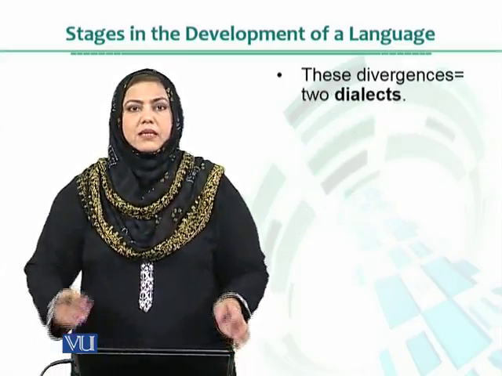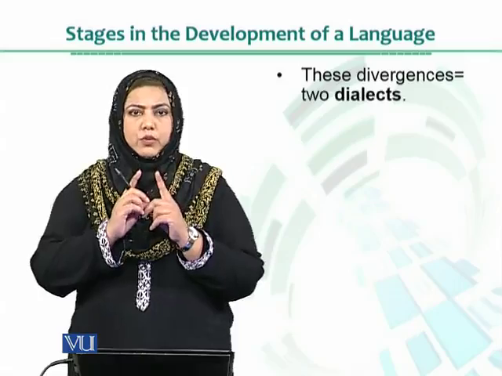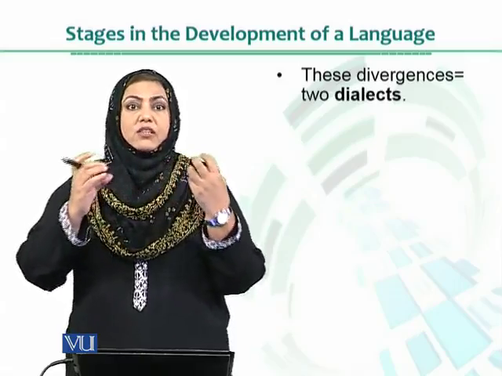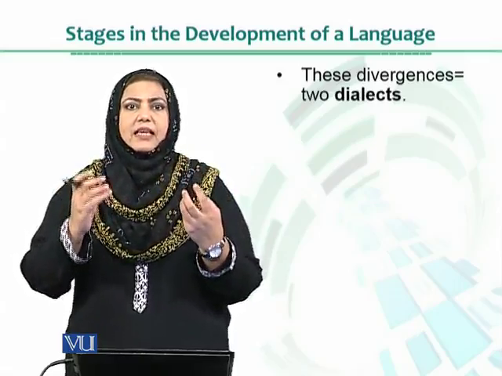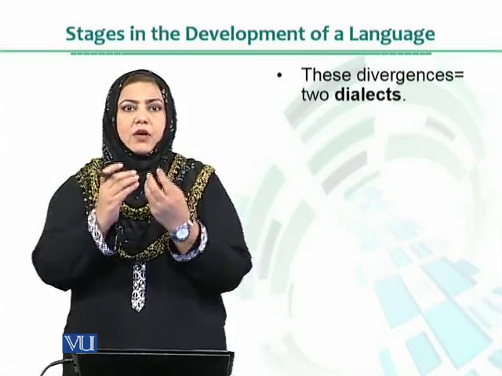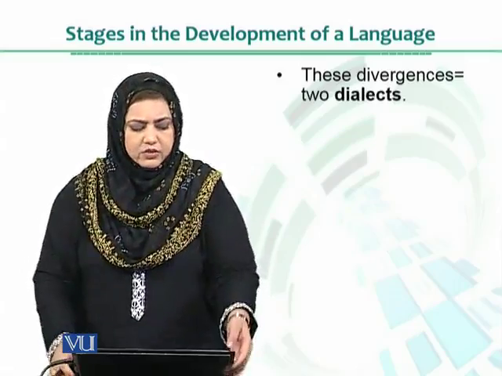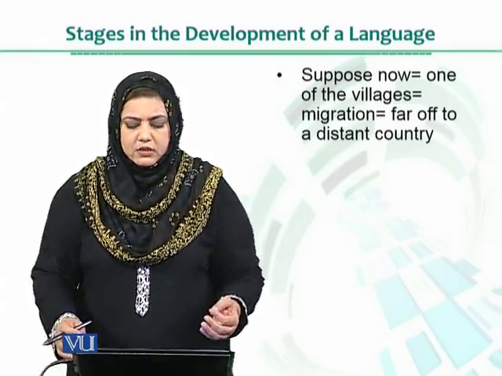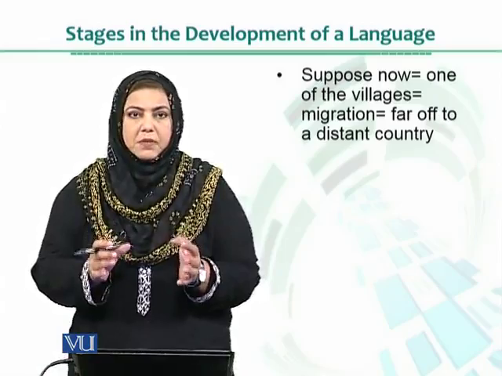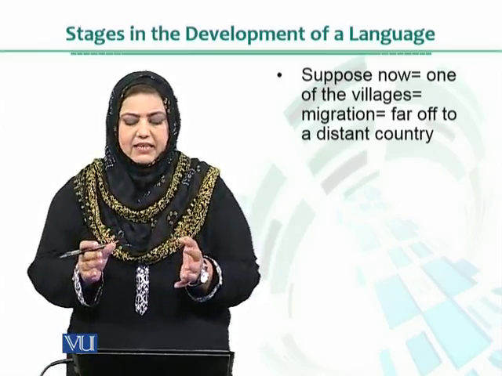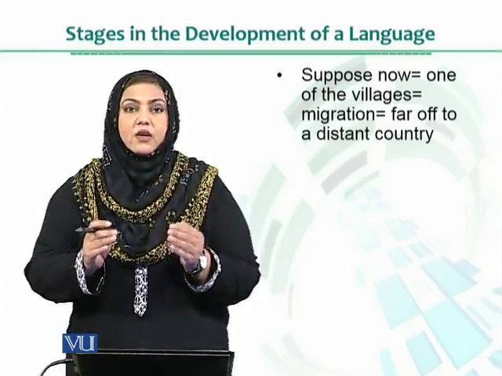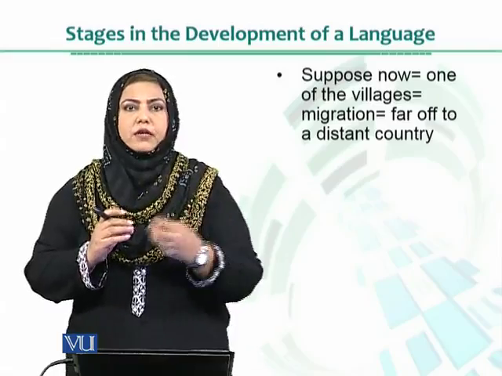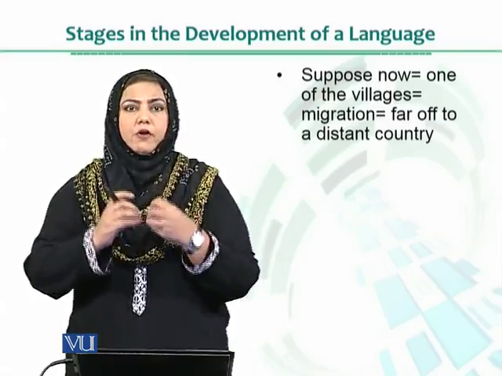The result would be, originally the language was one for village A and B, but now there are two dialects, dialect A and dialect B, that have one main source as language 1. Now suppose some of the people of one of these villages migrate and go off to a far off country, they travel away from here.